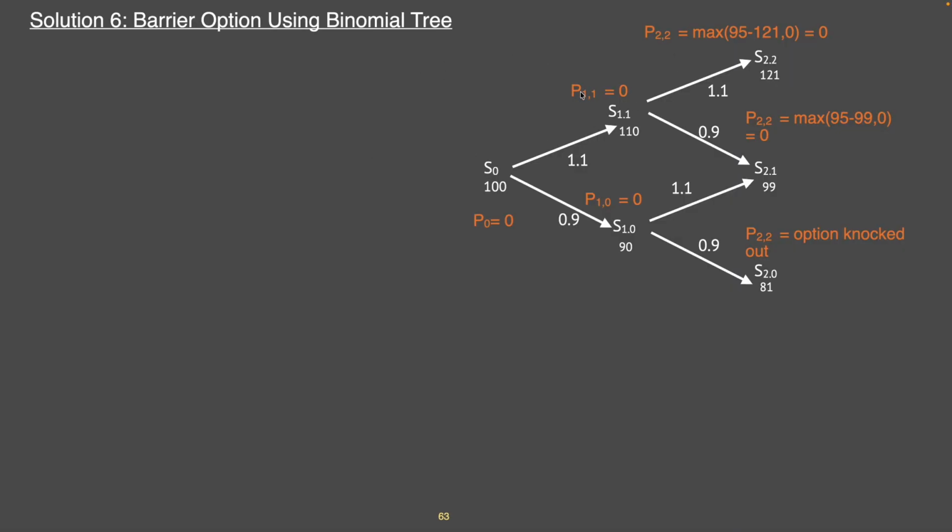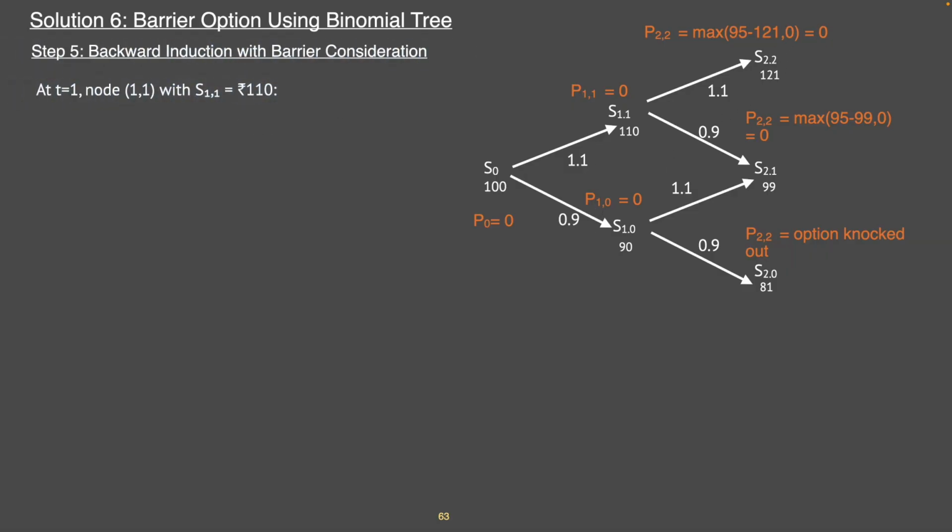We have to calculate now P11 and P10. It is quite obvious: the continuation value at P11 is nothing but e to the power of minus 0.04 into 0.5, into what is 0.6? It is the probability p, that is the risk neutral probability, into the value of P22, which is 0, plus 1 minus p, which is 0.4, into the value of P21, it is not 22, P21 is equal to 0.